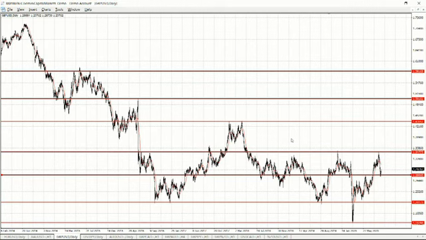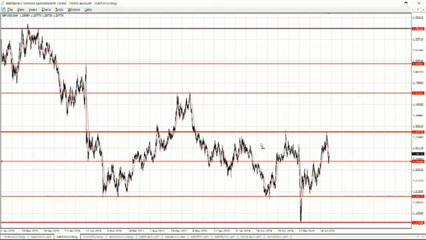In this case, it formed a bullish pin bar in and around our support level, and it pushed price up, and then another bullish pin bar, another bullish pin bar. So this is how you combine what you learned in price action candlesticks with support and resistance and make better trade decisions.